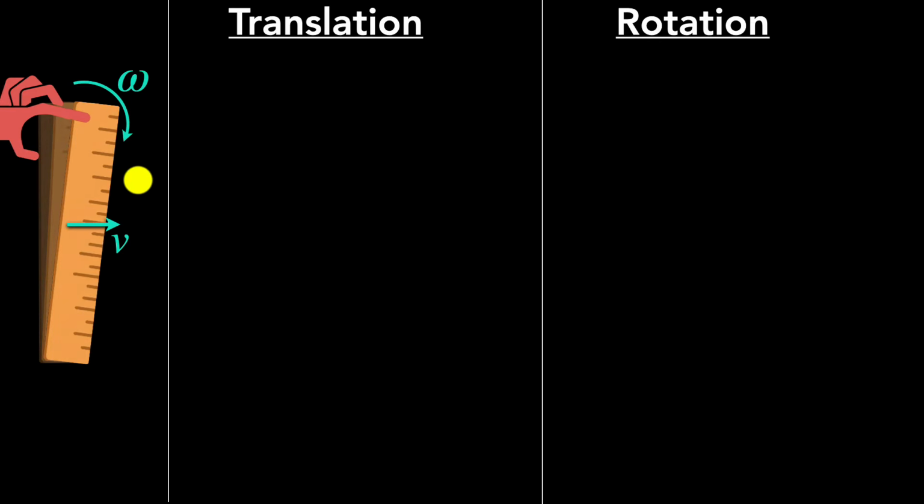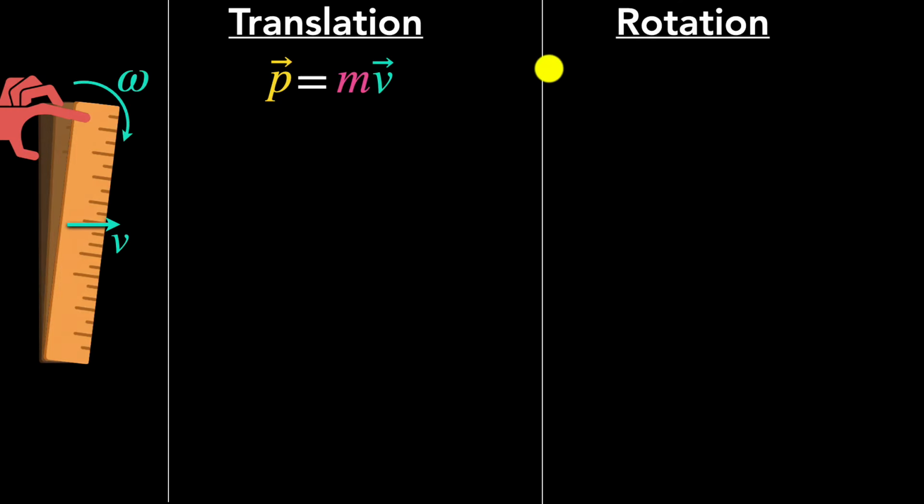Well, I can think in terms of linear momentum. Remember, the linear momentum of any object equals the mass times the velocity of the object. So if I could somehow figure out what the linear momentum of this ruler is after I flicked it, I'm done, because then I can divide by the mass and I will find what its velocity is going to be. So I can use the idea of linear momentum to compute the linear velocity.